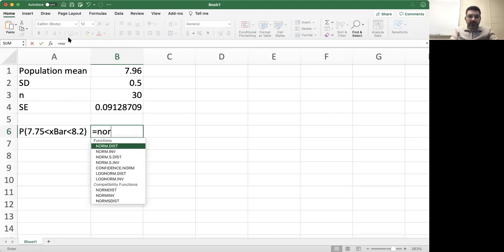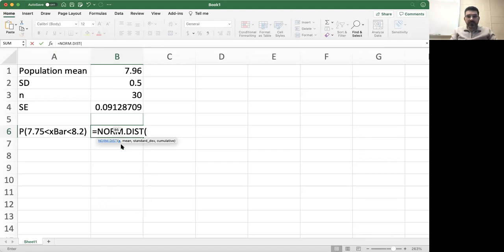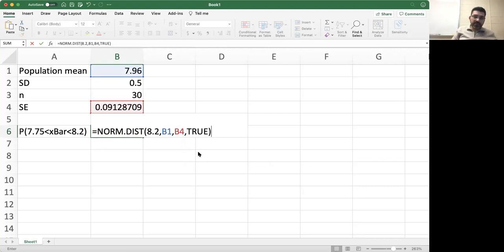So you will use the NORM.DIST function, and first the large area for 8.2. The mean, as you can see here, just click on the 7.96. So this is the mean. The standard error, not the standard deviation, and then cumulative, we will select true. Of course, this function now gives you the area to the left of 8.2, but we also want to subtract the small area from it.